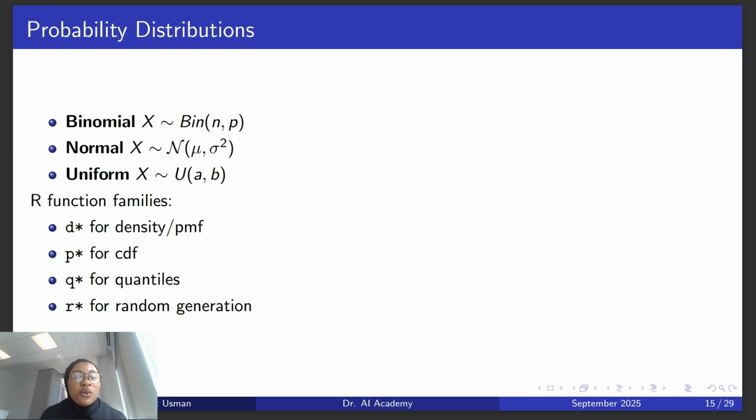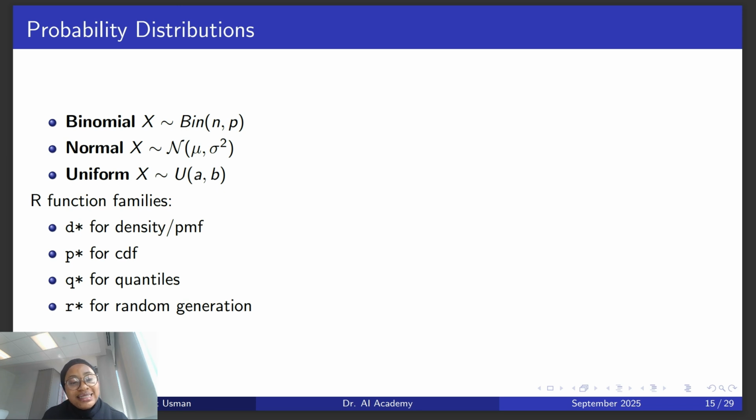Now, if you notice, when we were doing our functions in R, we were using R binom, R norm, R unif, because we were generating data. Because here we have our data already prepared, we won't have to use the R generator to generate our data. But we're just saying that we have other functions in R that perform different operations.